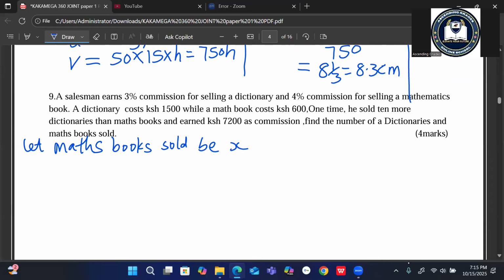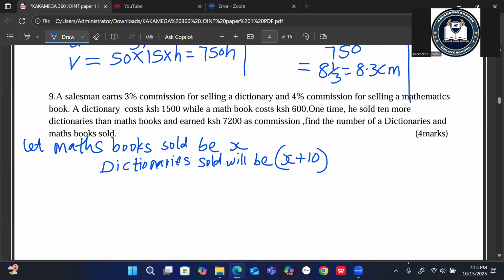X. So the number of dictionaries sold will be, we're told that one time he sold 10 more dictionaries than maths books. So if he sold X maths books, it means that he sold X plus 10 dictionaries.